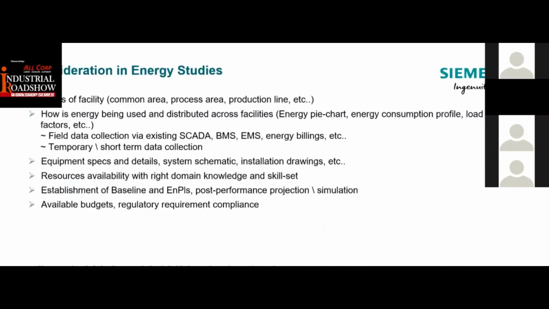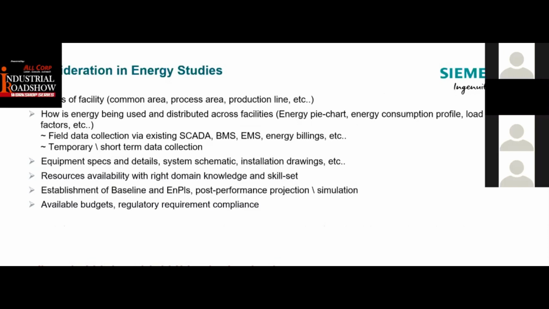And what is needed in all these audits? What we need is all the information for the process itself. And by the way, an energy audit can be defined on a certain location basis.